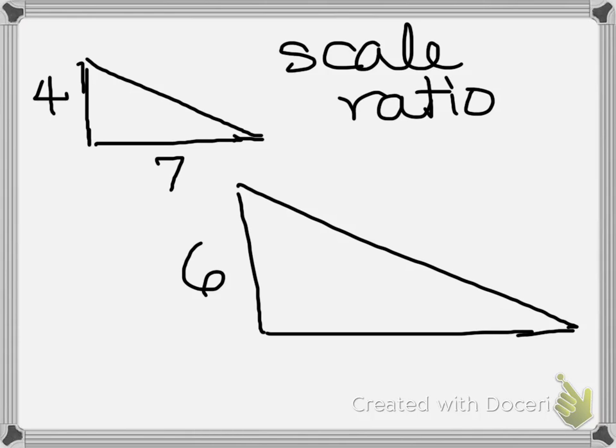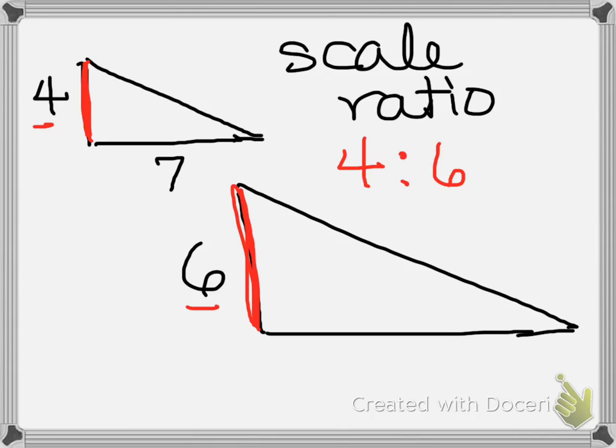Well, the scale ratio of the small triangle to the large, I have to find two sides, one on the small, one on the large, that correspond to each other. In other words, they're kind of like the same side even though they're different lengths. So on the little triangle, this side corresponds to this side on the big triangle. So I'm going to use the two numbers of the two corresponding sides to get my scale ratio. That would be 4 to 6.